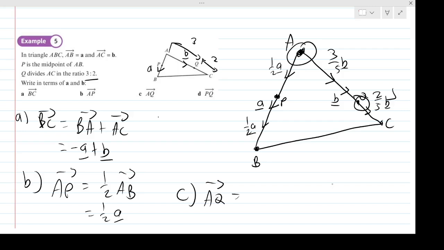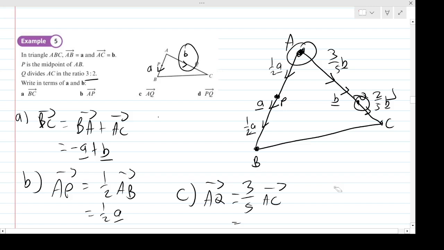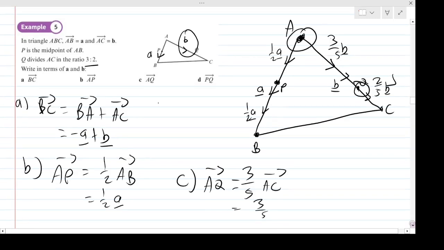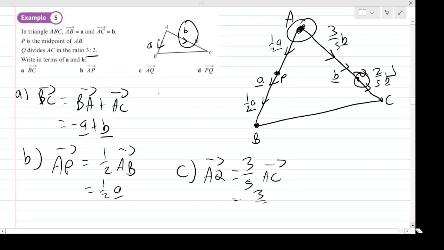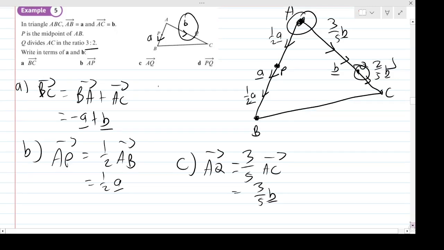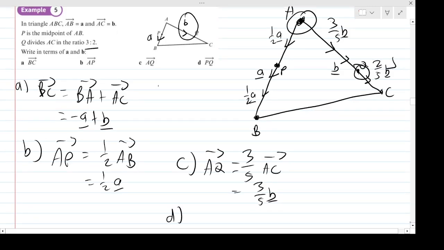So AQ overall is going to be 3/5 of the whole line AC. Then AC is B, so it's going to be 3/5 of B. And there we are.